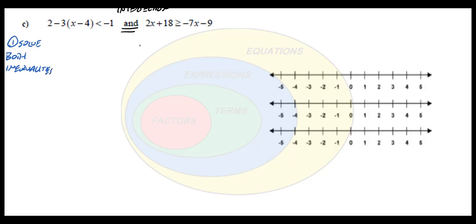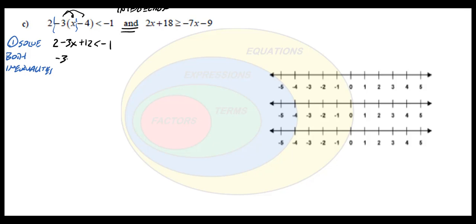Okay, so we're going to take the first one and start solving that. We can simplify the right side, distributing the -3. We're going to get 2 and then minus 3x, -3 times x, and -3 times -4 is plus 12, is less than -1.